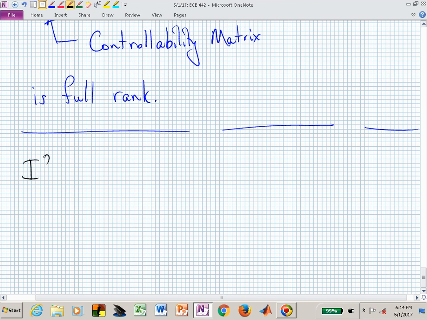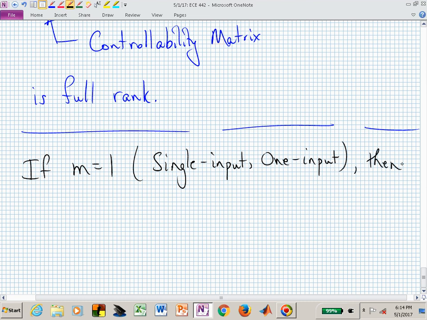If little m is equal to 1, that's this single input case, or one input case, then our controllability matrix is square, and we need the determinant of that controllability matrix to be non-zero.